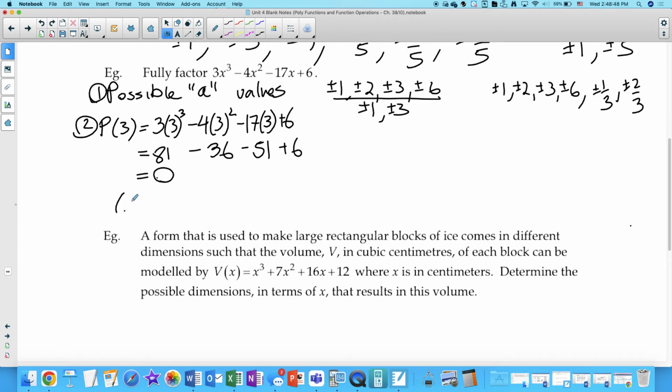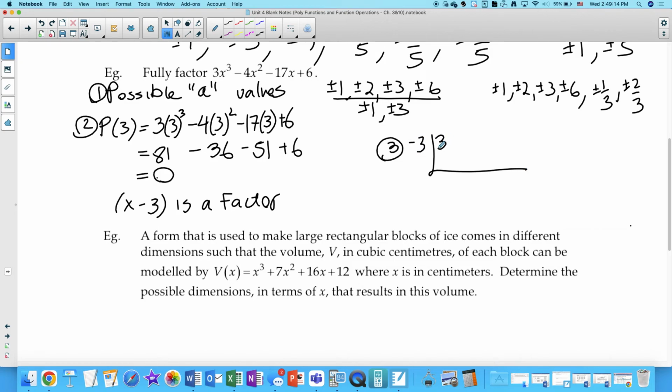Okay, so where do I go from there? Yeah, synthetic division. I want to see, well, if I factor that out, what's left? Because I have to work with that. So in step 3, we're going to use the fact that we know that that's a factor to take it out. 3, -4, -17, and 6.